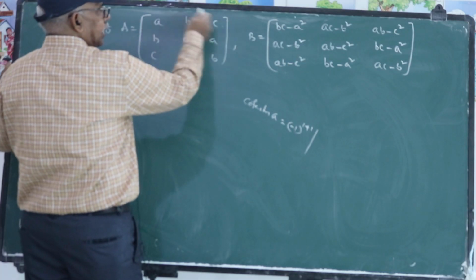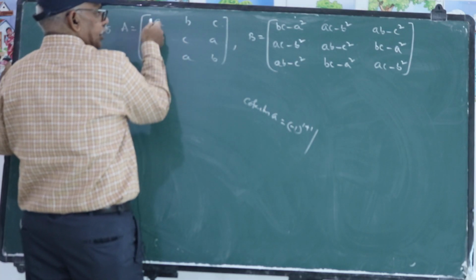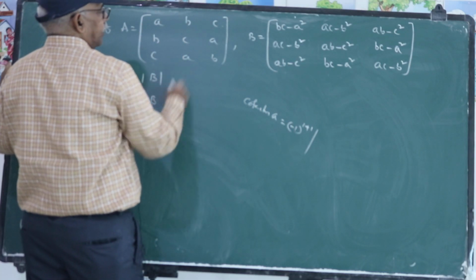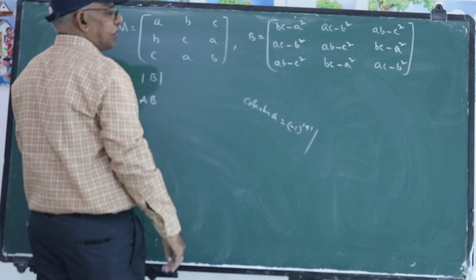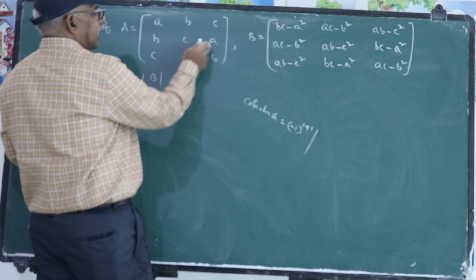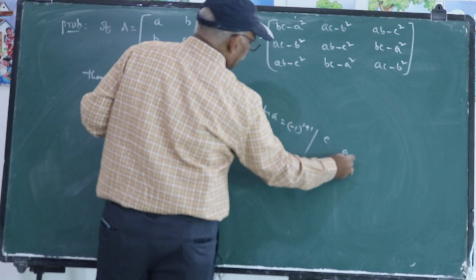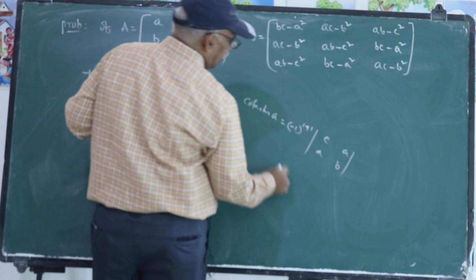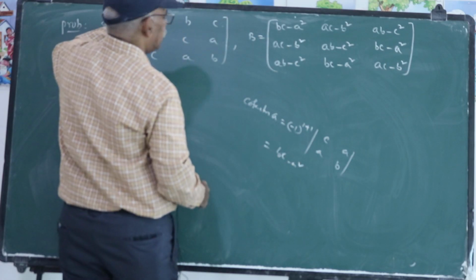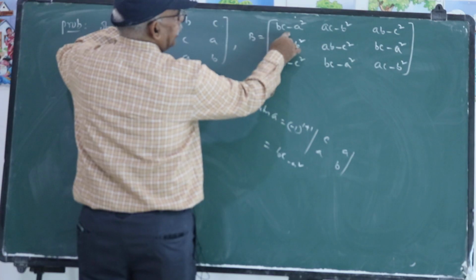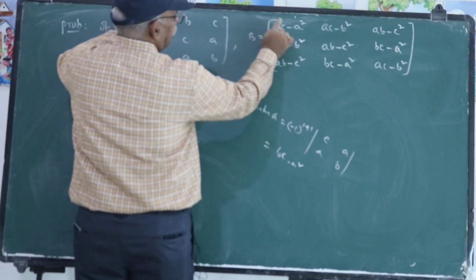Minor means eliminating the row and column in which the considered element lies. Eliminating that row and column, the determinant of the remaining submatrix, BC minus A square, CA, AB, gives us BC minus A square. So in this position, we get the cofactor of A.